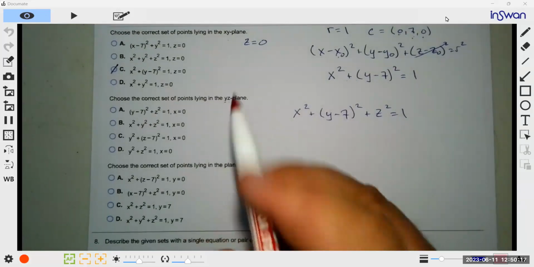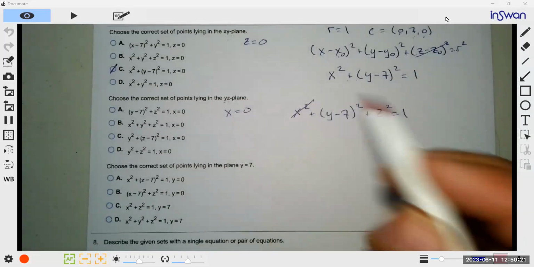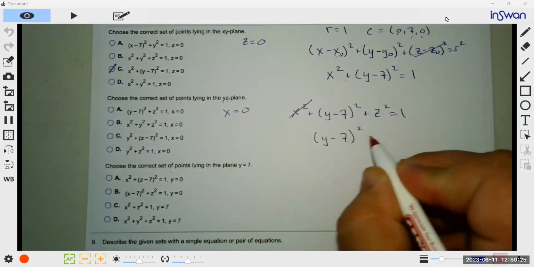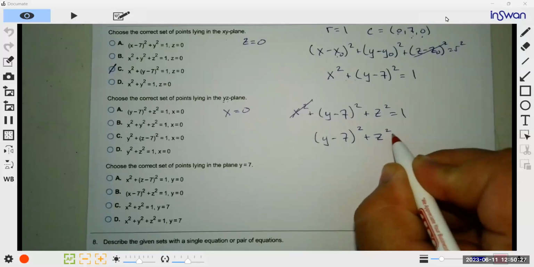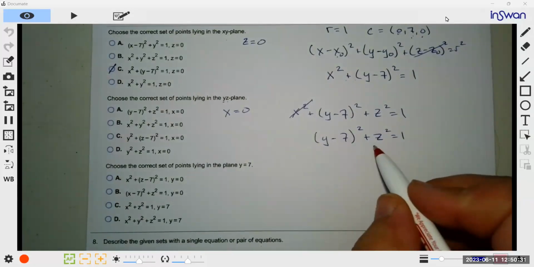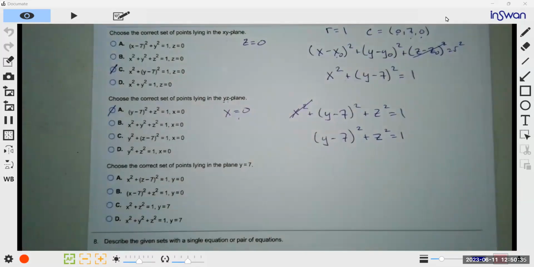But since it's the YZ plane, x is equal to 0. x is gone, so we're left with y minus 7 squared plus z squared equals 1, and x equals 0. So the answer is A.